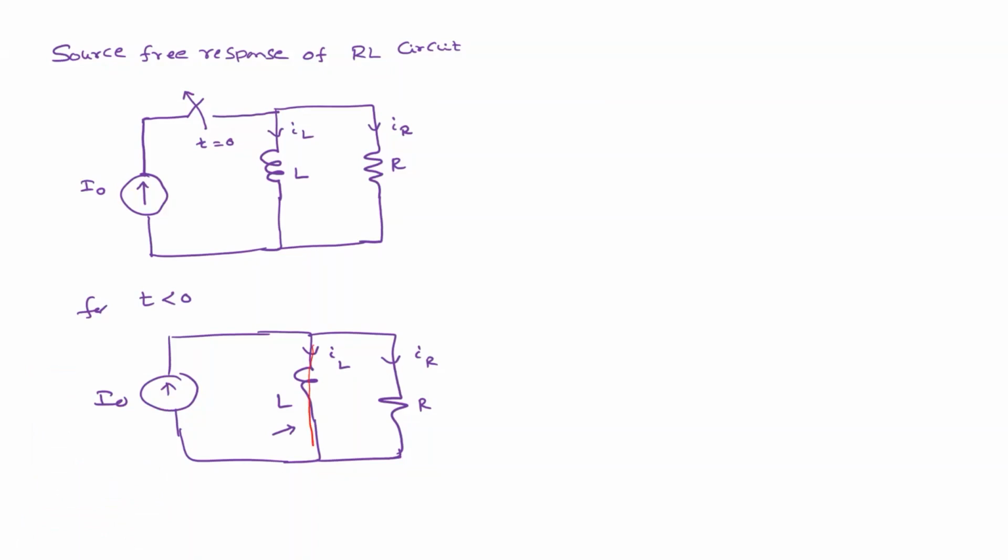Short circuit means the potential across both sides is the same. On the other side, you have a voltage source or current source? Current source. Right. Now tell me what is the current through the inductor? So this is equal to I naught, right? So remember, if you have a voltage source and this is short circuited, what is the current here?